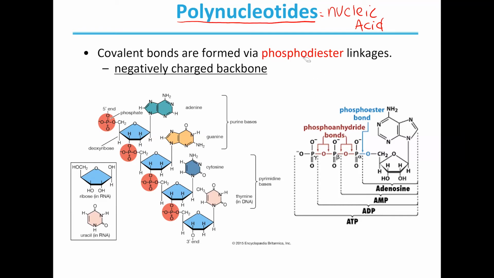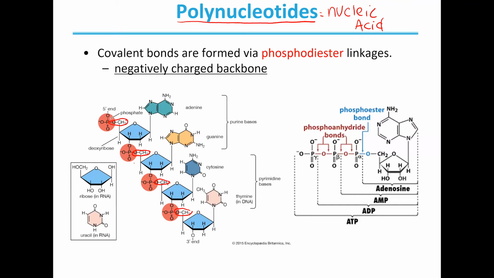And again, you can see that here. Let's look closely at this phosphate group here. And you'll see that this bond is occurring normally on the 5' end of the sugar, the pentose of our nucleotide.